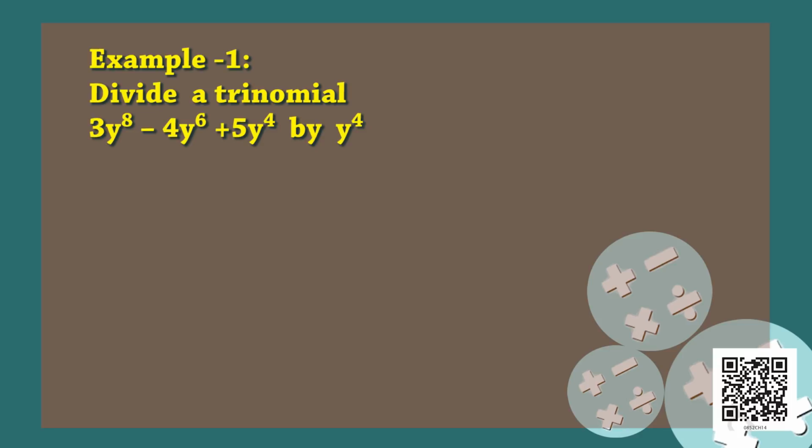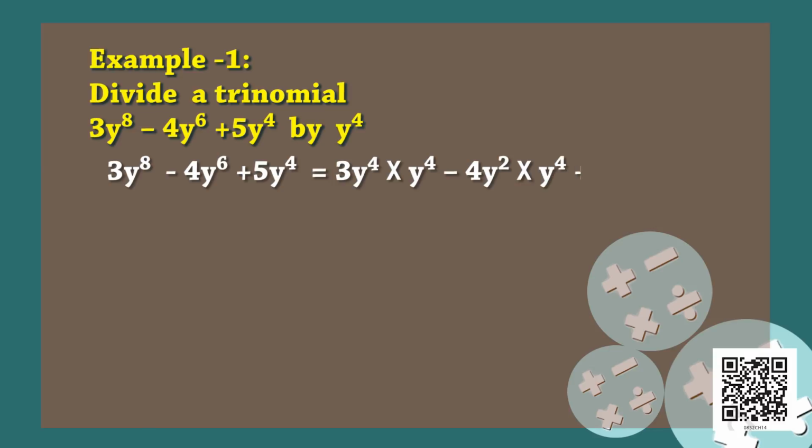First look at 3y to the power of 8 minus 4y to the power of 6 plus 5y to the power of 4. It can be written as 3y to the power of 4 into y to the power of 4 minus 4y square into y to the power of 4 plus 5 into y to the power of 4.